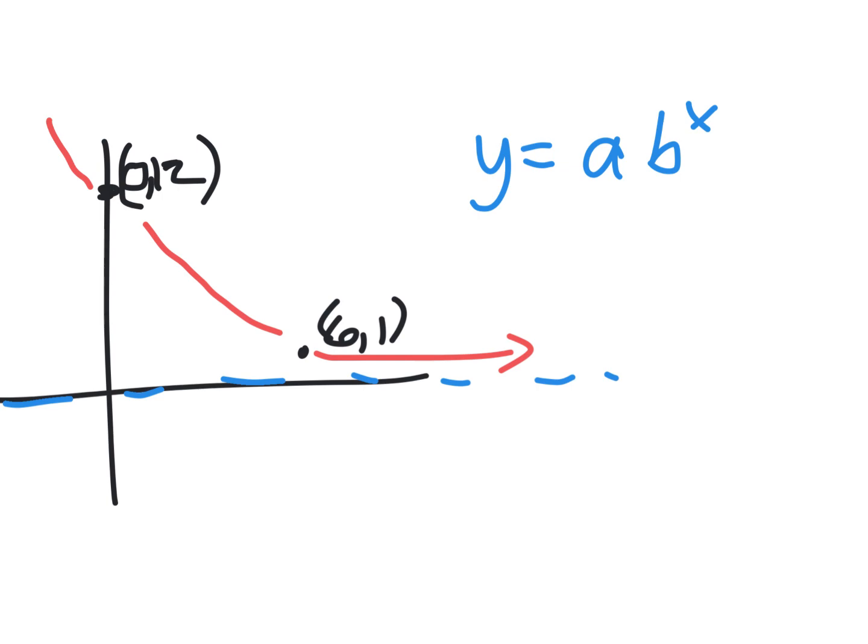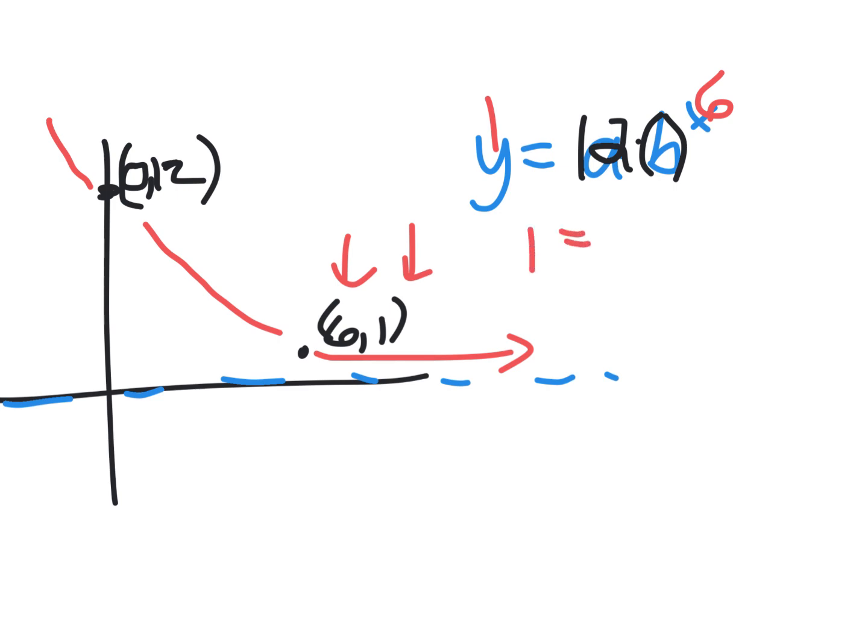Row 2, person 4. Nate, that's you. 12 is the start value. Yep. Okay, then what? We'll figure out b by doing what? 6 and 1 because of this and this.